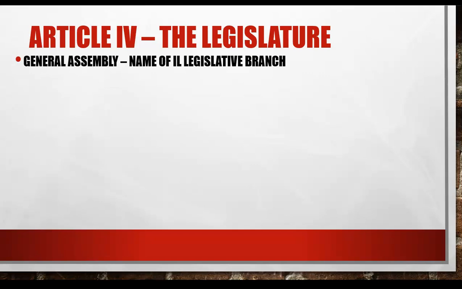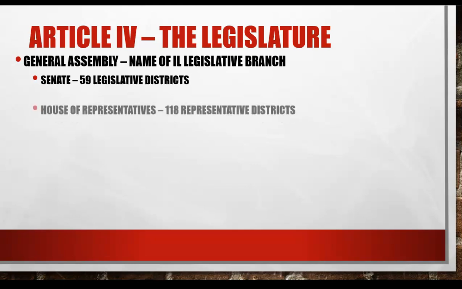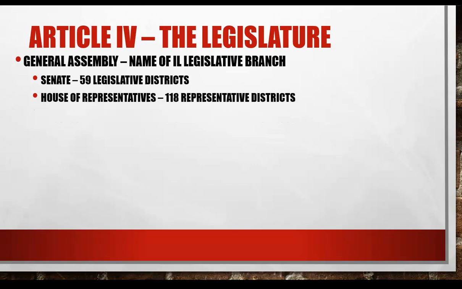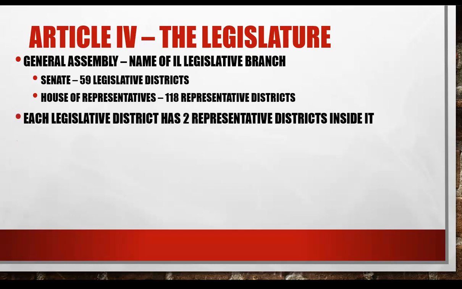of Illinois. Similar to the federal government, we have a Senate with 59 members from 59 legislative districts, and we have a House of Representatives from 118 representative districts. And so the way that kind of shakes out is that each legislative district, I like to call them Senate districts just to keep them straight in my brain, each legislative district is split into 2 representative districts.